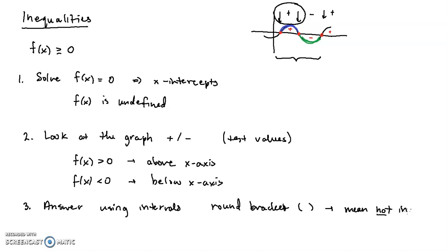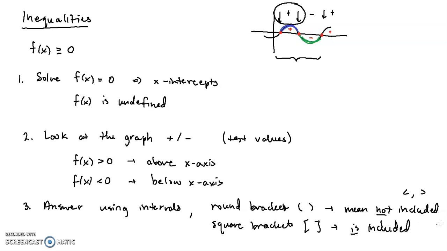That would be if you have less than or greater than, or anywhere that it's undefined. And then square brackets like this mean that it is included. That's whether your endpoints are included.